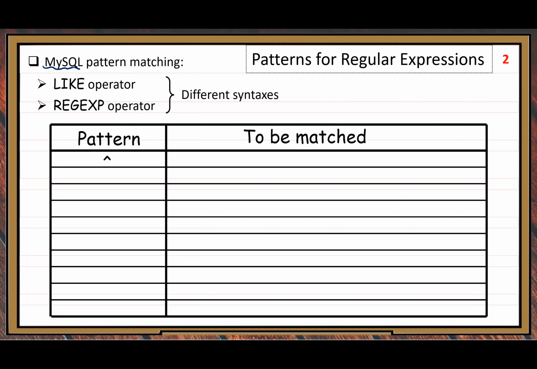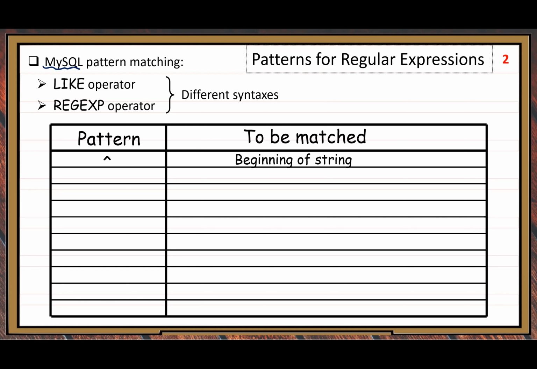The first pattern is the hat symbol, or wedge symbol, like a Mexican hat. It means the beginning of the string. When you put this symbol, you want to describe the beginning location of the string, starting from the very beginning.